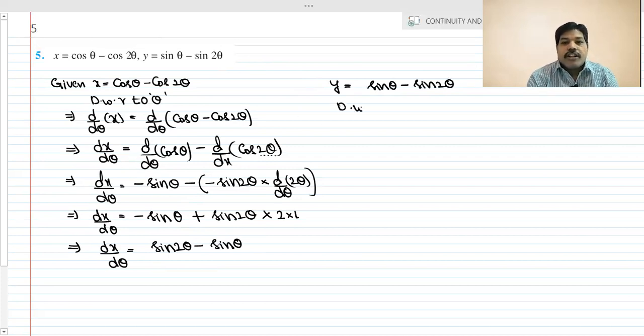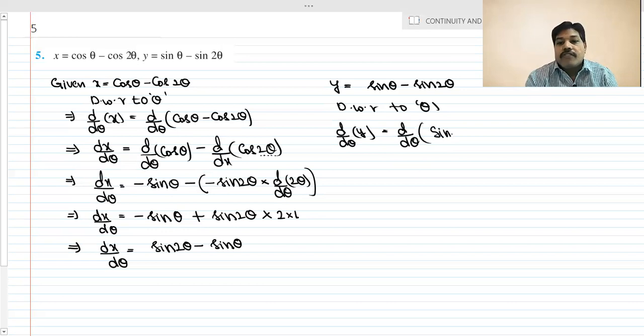Just differentiate with respect to theta. dy by d theta, you can write it like this: d by d theta of y is equal to the derivative of sine theta minus sine 2 theta.